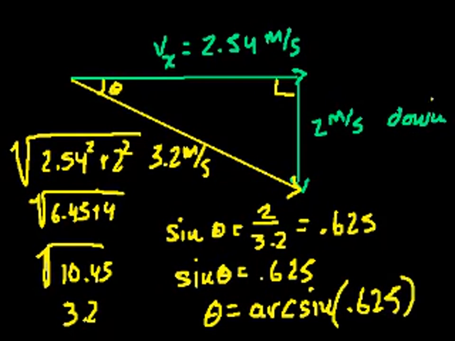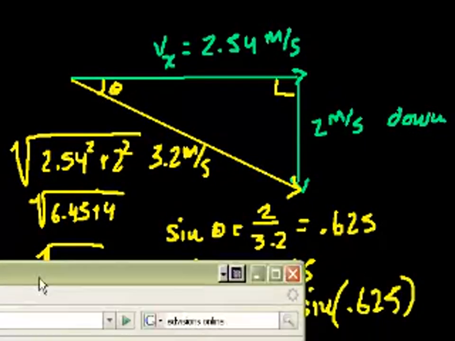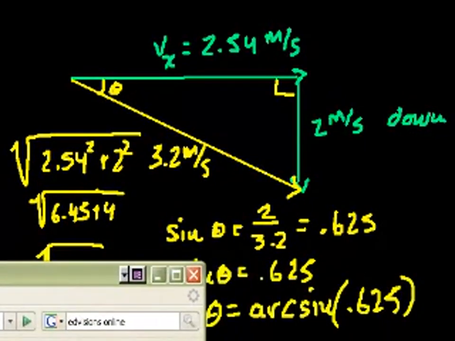And we can take out Google, because Google actually has an automatic calculator. So you could type in arcsine of 0.625, although I think the answer they give you will be in radians.